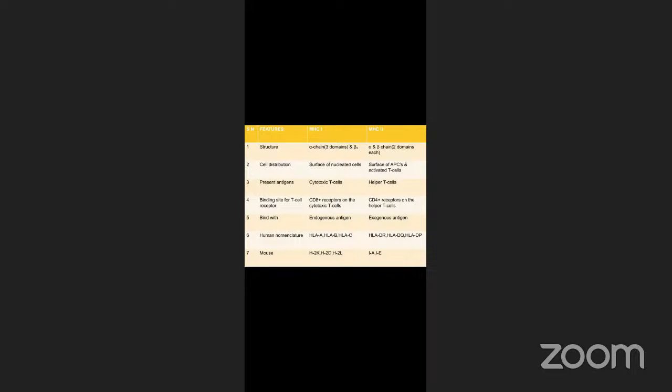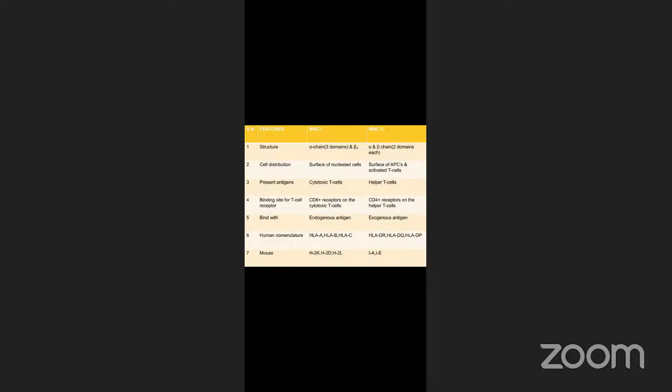In the mouse, as I mentioned, we call it the H2 complex, and in human beings, the HLA complex. These three subtypes are there: H2K, H2D, and H2L for MHC molecule 1. For MHC 2, A and E, two subtypes are there.